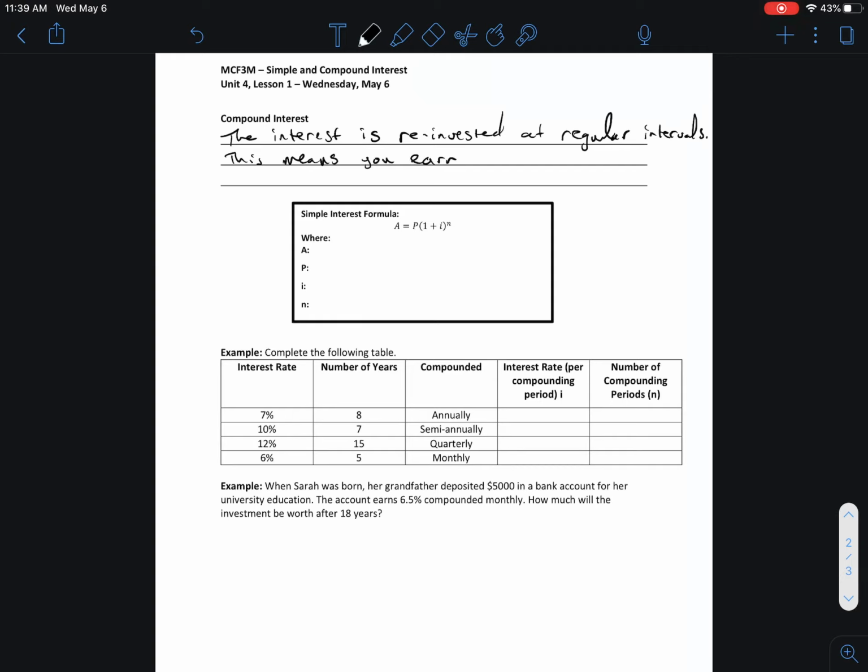Okay, this means you earn interest on the principal and you also earn interest on the interest, we'll say.